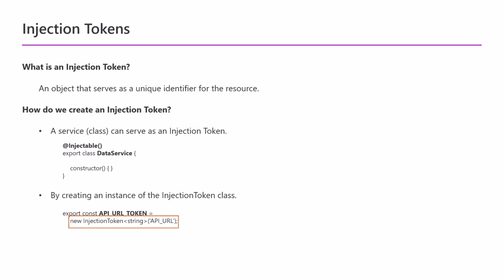We call the constructor method of the injection token class, and we pass it a unique string. Now, it's optional as to whether or not you type the injection token, but it's recommended that you do indeed give your injection token a type.